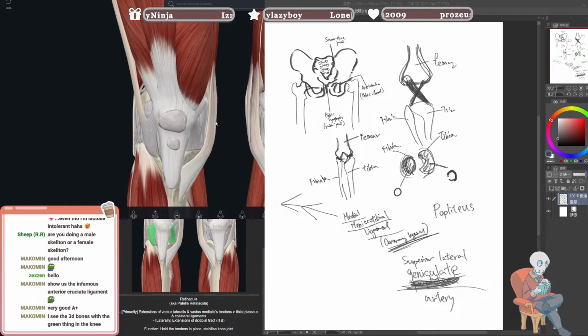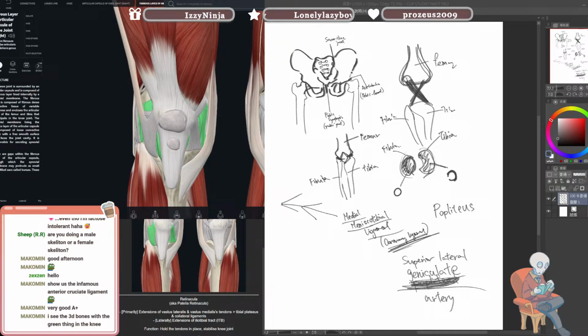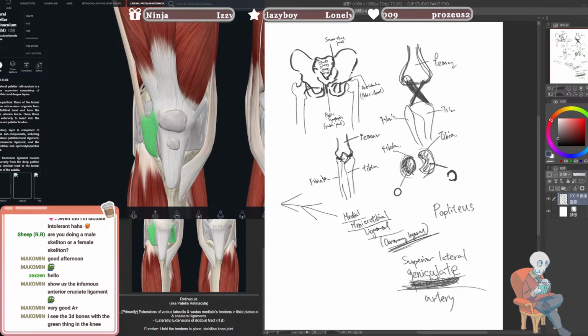Alright. This part is the fibrous capsule. This is the retinacular. Okay, patelloretinacular.